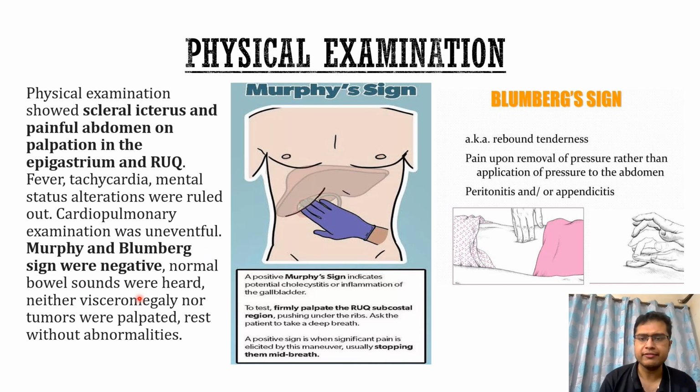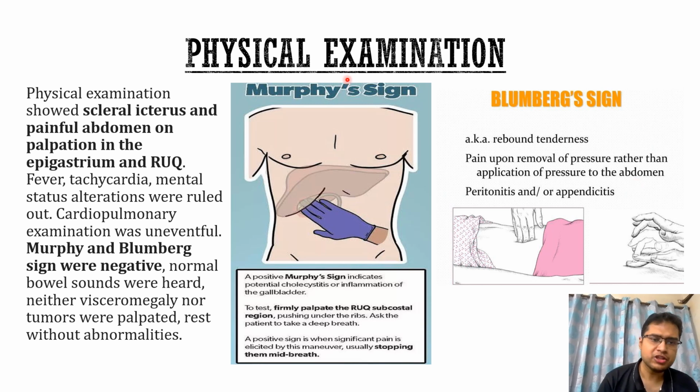Blumberg sign was negative. Blumberg sign is particularly rebound tenderness that is seen in peritonitis and appendicitis. That was also negative in this case, and normal bowel sounds were heard, and no visceromegaly was actually present on palpation. So based on this physical examination, what do you think the diagnosis is?